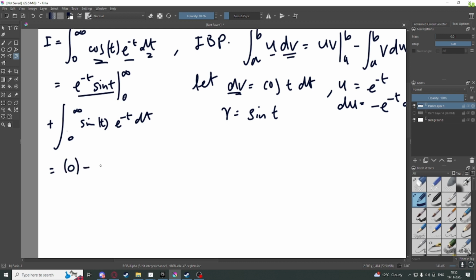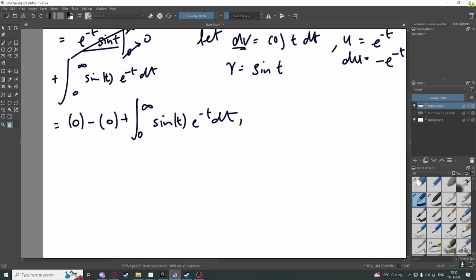So 0 minus, and then let's evaluate at 0. So I'll substitute 0 in. E to the negative 0 is just 1. Sine of 0 is also 0, so 1 times 0 will also be 0. So this term cancels out completely, and I'll get plus my integral from 0 to infinity of sine of t e to the negative t dt.